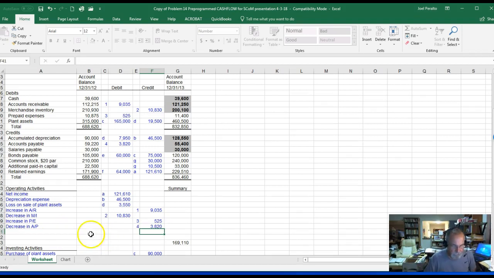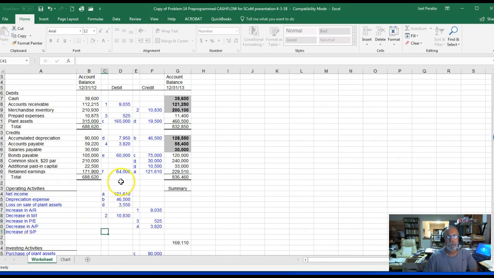Let's see. Salaries payable. Salaries payable went from 30,000 to 54,000. That's an increase of 24,000. And so this is a little different from what happened in accounts payable.